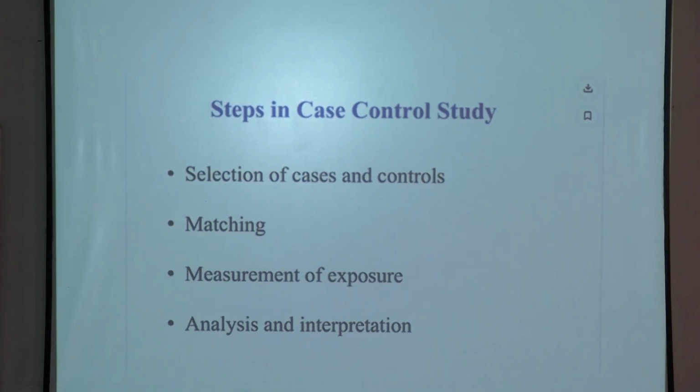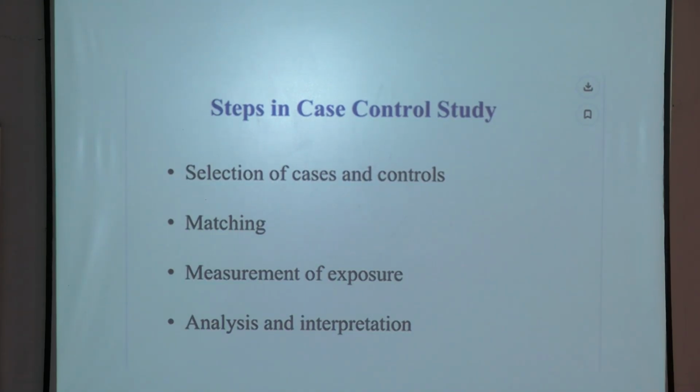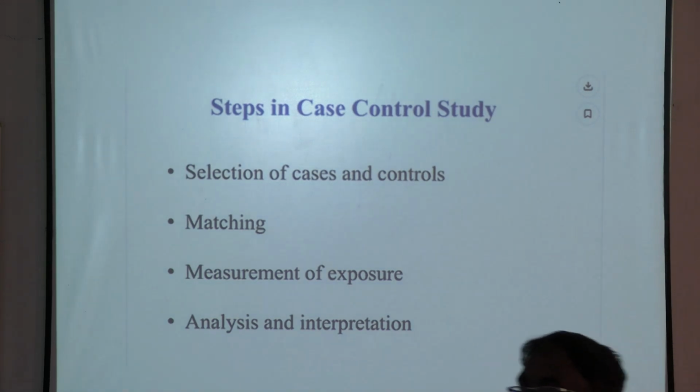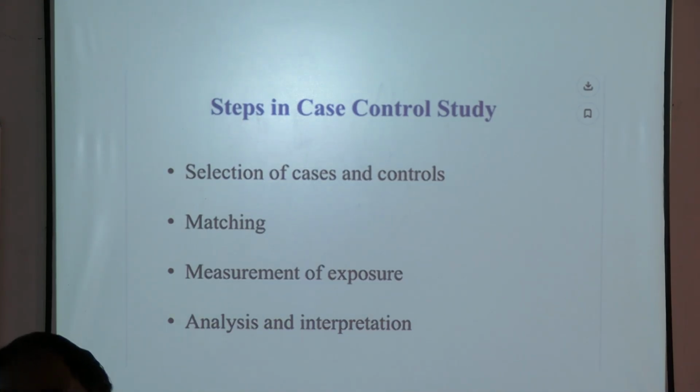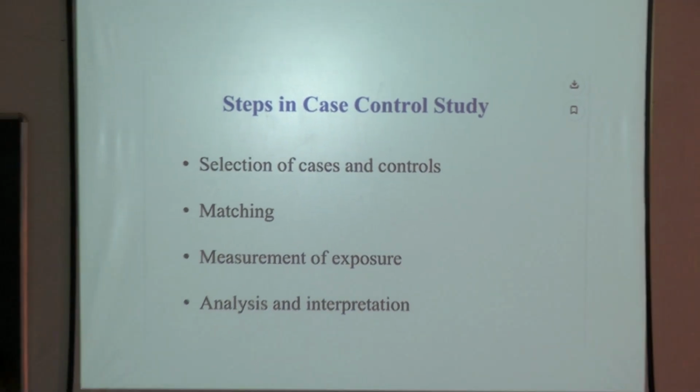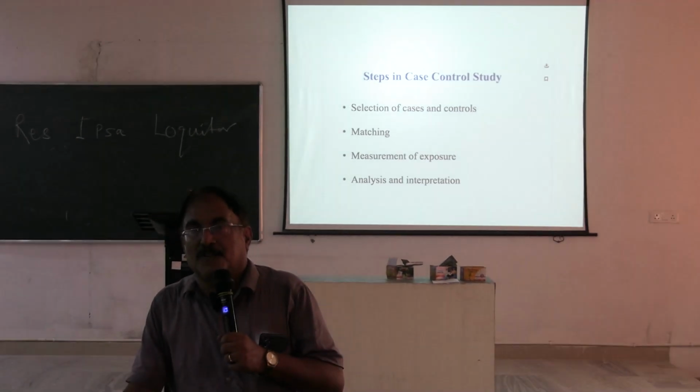Second one is matching. What is matching? Matching basically means you are trying to bring the case and control as close as possible. What do you mean by as close as possible? You take a 75-year-old man with cancer from the same village, and as the control you take a 25-year-old college student.